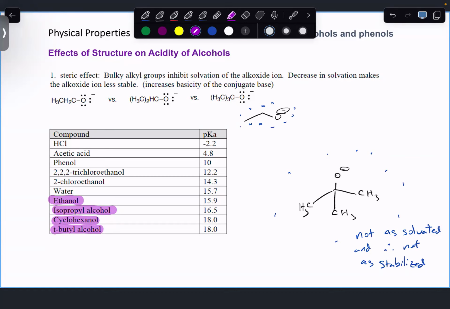The more sterically hindered, the less acidic, right? Primary, secondary, and tertiary. All right.